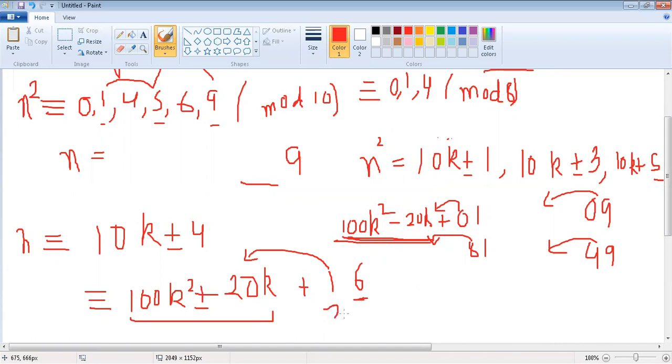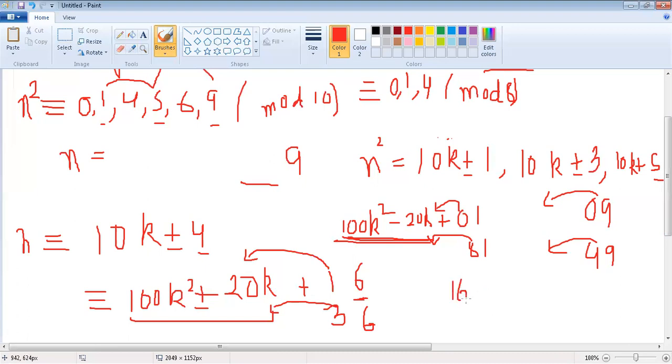Or if that was 10k plus 6, again this 3, an odd number, gets carried to this even number, which again results in an odd number. So that's why if the square root has 4 or 6 as the last digit, the square of that number would always have an odd second last digit.